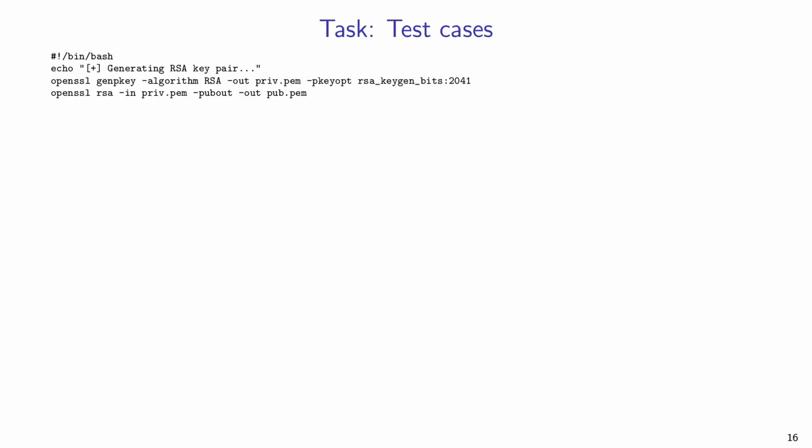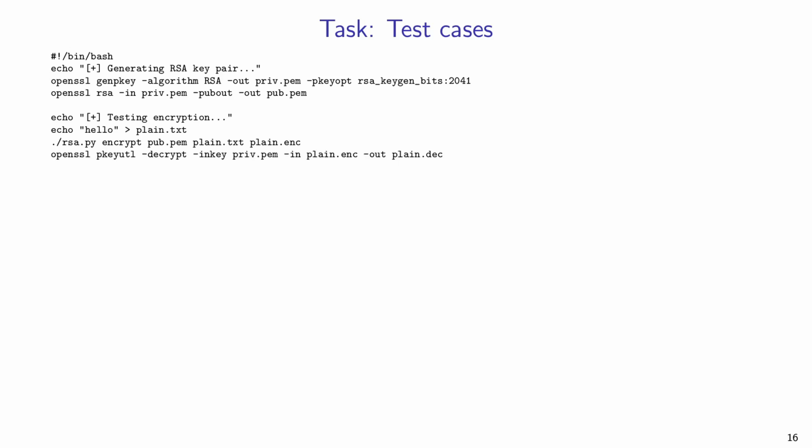Test cases. First, we generate an RSA key and export the public key. Here we are using a 2041-bit RSA key to test whether the length of the ciphertext is correctly handled. To test encryption, we write hello to some plaintext file, then encrypt it using the public key, and then use OpenSSL pkeyutl to decrypt it.